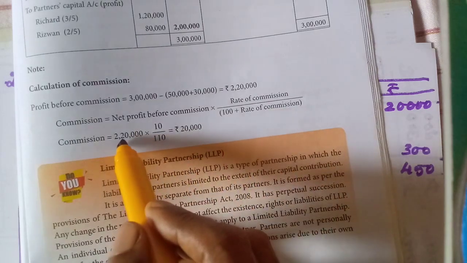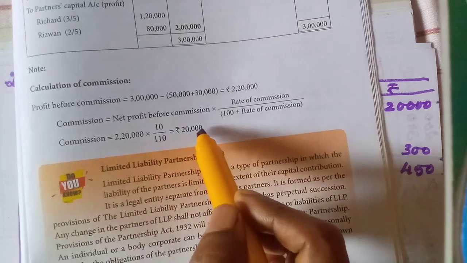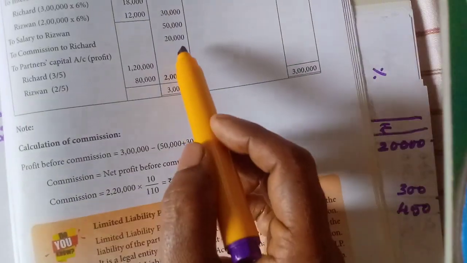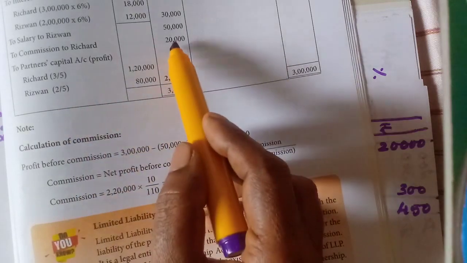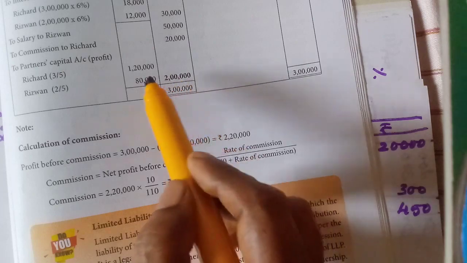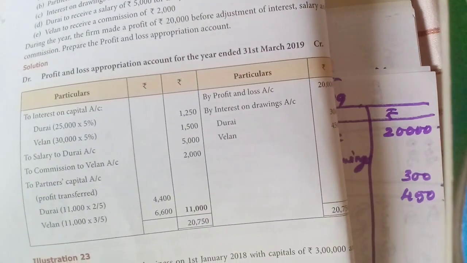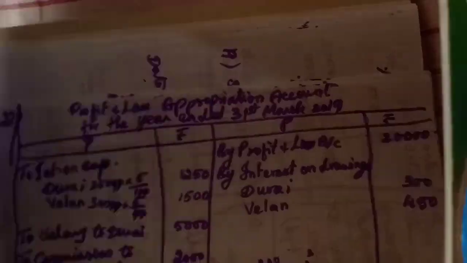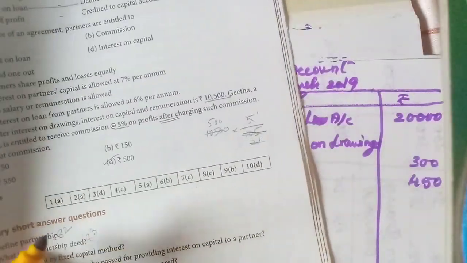So 2 lakh 20,000 into 10 by 110, we will get 20,000. Again, now you write that 20,000. Now you calculate the profit. Then if we reduce that 20,000, we will get 2 lakh, isn't it? That 2 lakh must be divided among the partners in the profit sharing ratio. That the ratio is 3:2. Okay, 3:2.